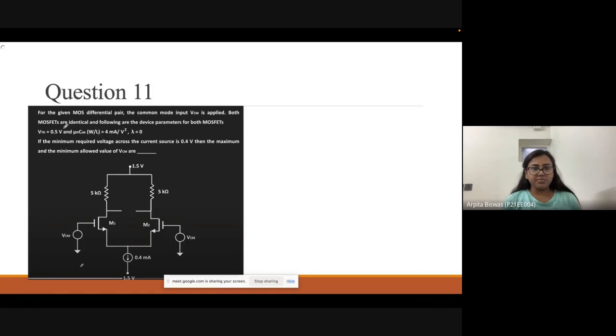If the minimum required voltage across the current source is 0.4 volt, then find the maximum and the minimum allowed value of VCM. So carefully see the circuit and try to find the value. There is no hurry, you can take your time, but at least try.